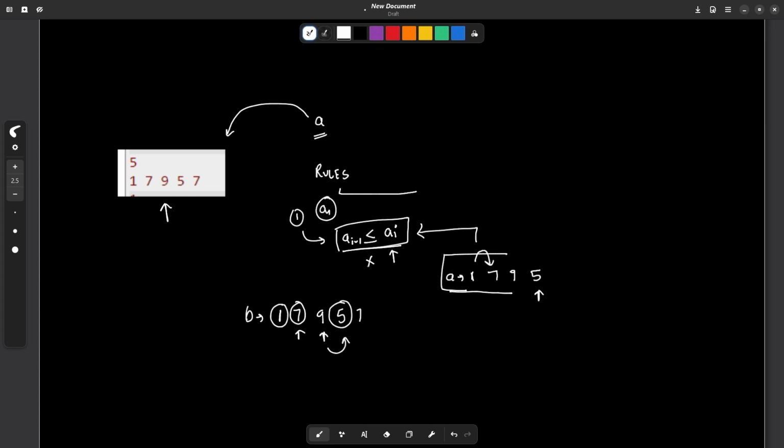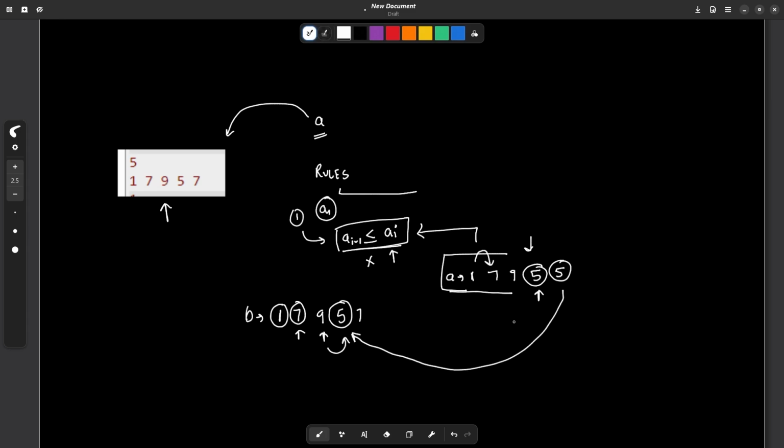If this condition is violated, that means this 5 would have never been pushed to sequence B. So even if 5 was here, it would not have gone to B. But what if I place one more 5 here? Now A of I is equal to A of I minus 1, and this 5 can go to sequence B.